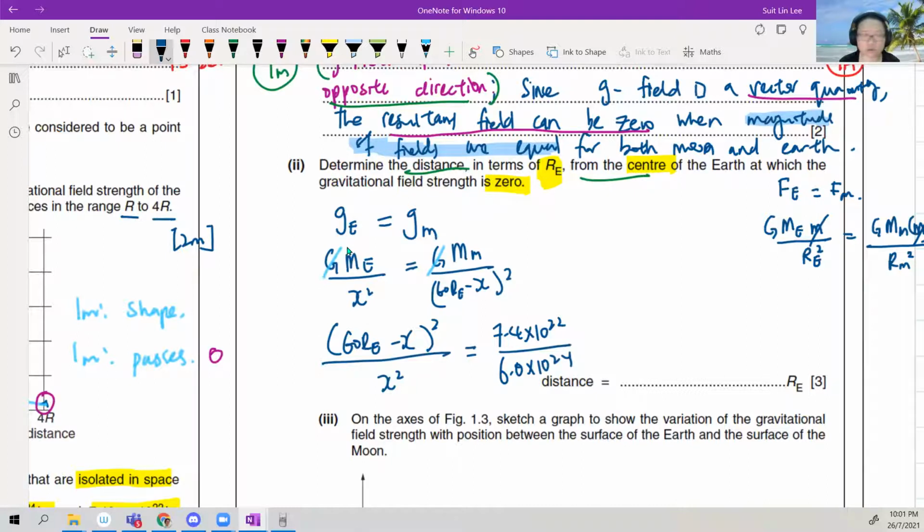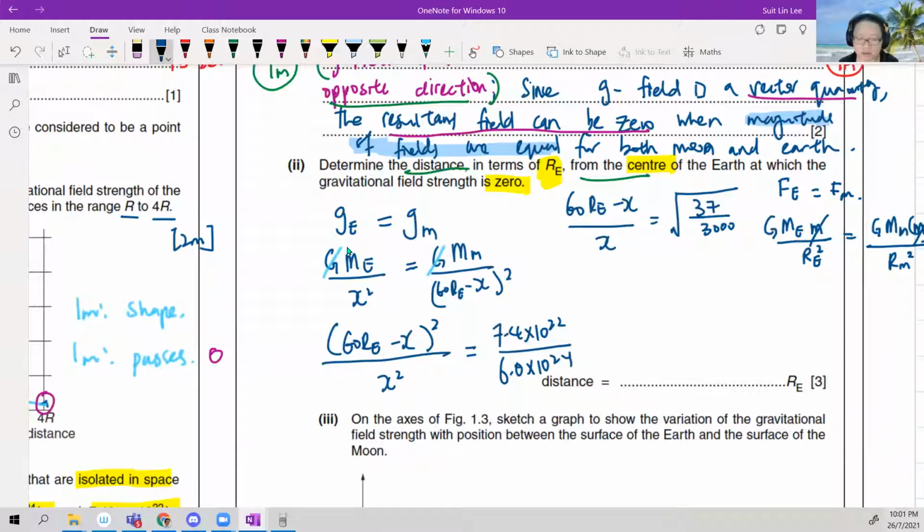But then I bring over and square root. So 60 RE minus X over X is equal to square root of 37 over 3000.